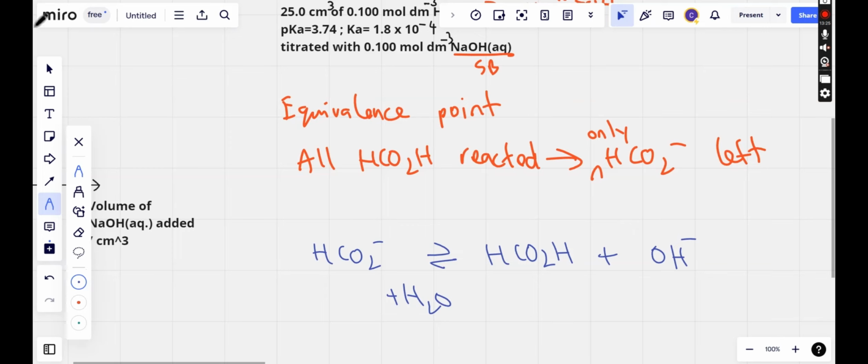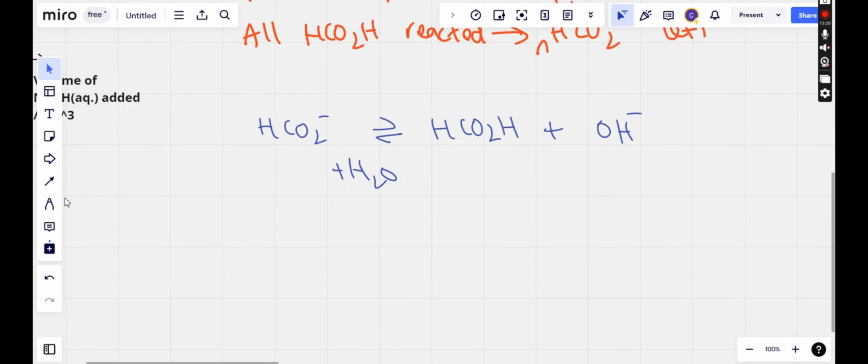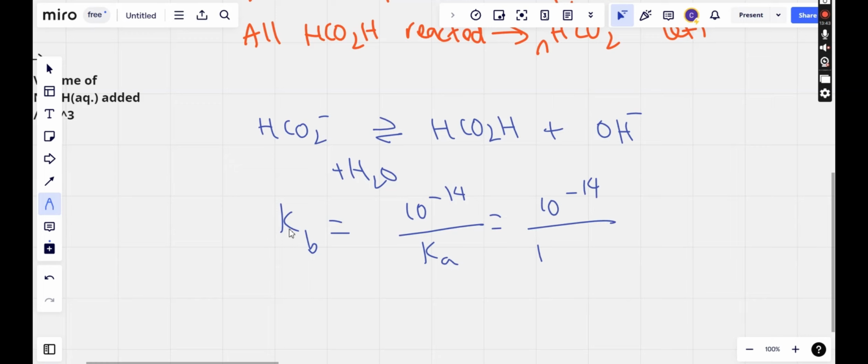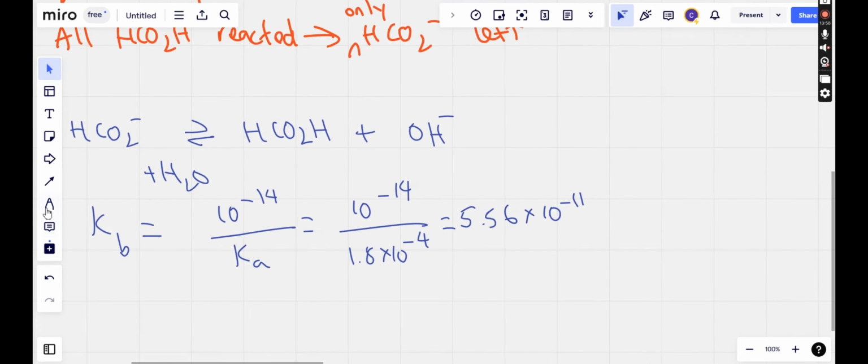So let's get to the calculation. For this equation, the Kb for the conjugate base is 10 to the power negative 14 divided by Ka, which is 10 to the power negative 14 divided by 1.8 times 10 to the power of negative 4, which should be equal to 5.56 times 10 to the power negative 11. Okay, so I will revise this quickly with you guys.